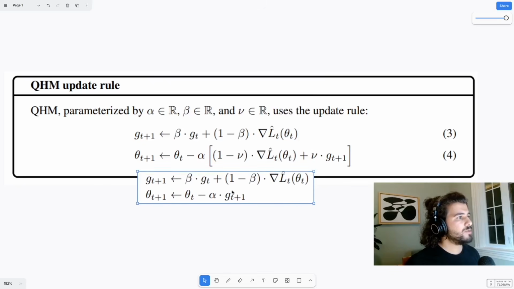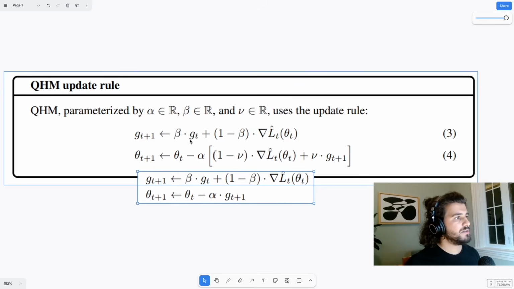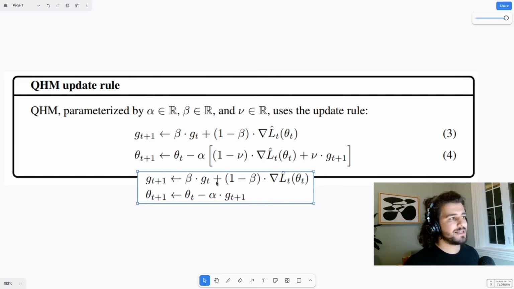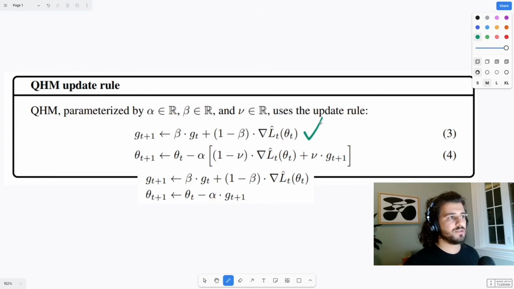If you were to superimpose them, you have the B, G_t here, same thing. You have 1 minus B, same thing. The first one, the G_{t+1}, this momentum buffer, is exactly the same thing. Nothing has changed here. This is good. We know what this means. What is happening here that is different is this whole part, right?